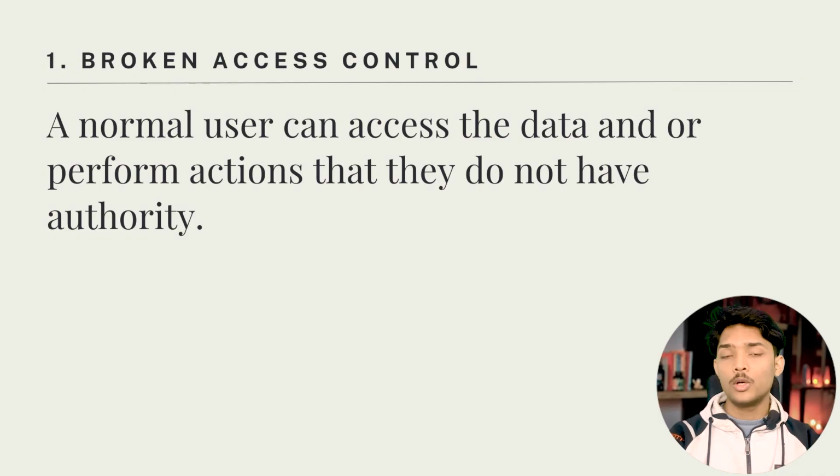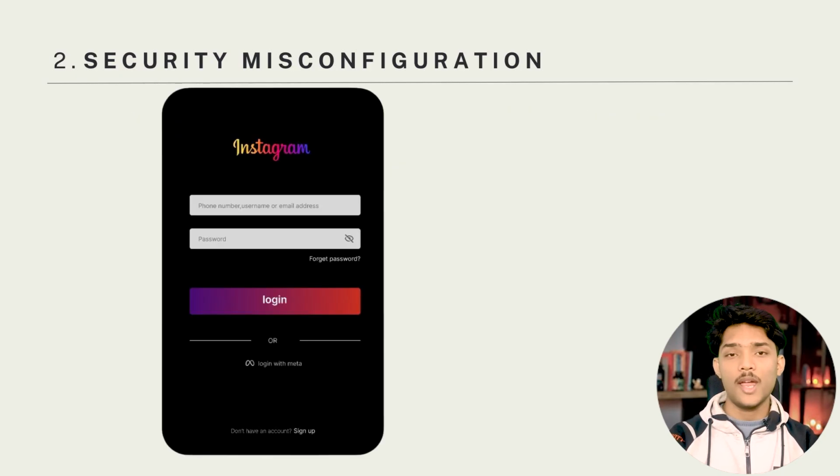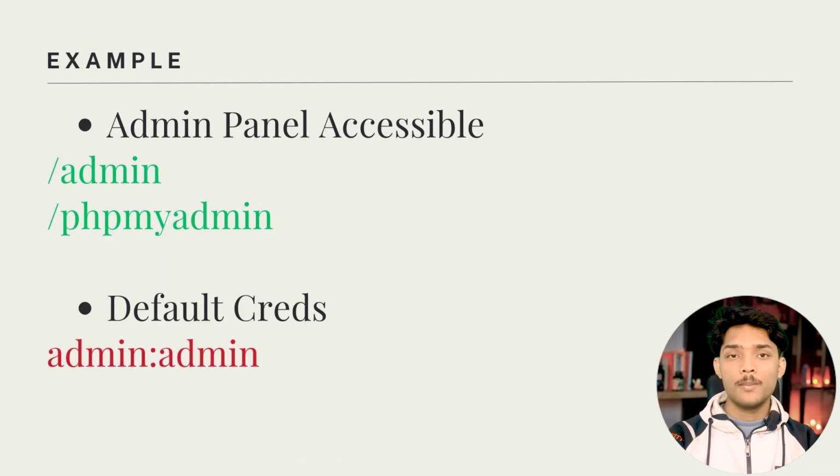Now let's move on to the next one, that is security misconfigurations. Suppose you have an account on Instagram or any other website that requires a login. Now if you type just simply /admin in the URL, you will be redirected to the admin panel, and if there is a security misconfiguration on that application, you will just enter username as admin and password as admin, and you will get access to the admin panel.